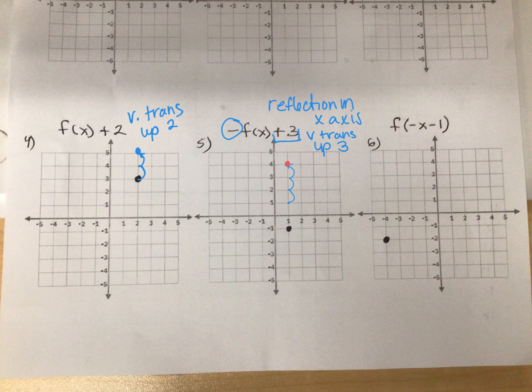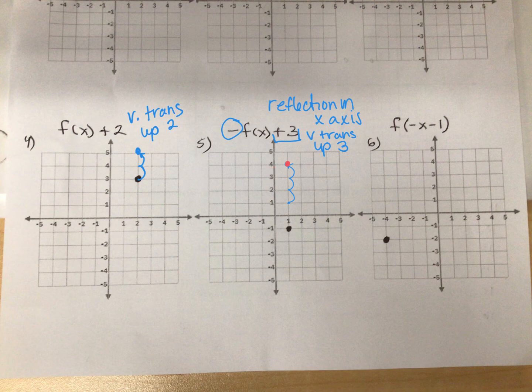That's the proper order. If we were to do it the opposite way, if we were to go up 3 and then reflect it, it would be down here at -2, which is not where we wanted to end up. Why is this at 4? Because I'm reflecting it in the x-axis, so I'm going from -1 to +1, and then I'm moving up 3.